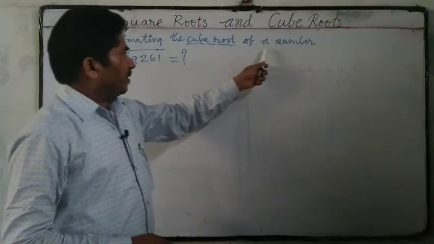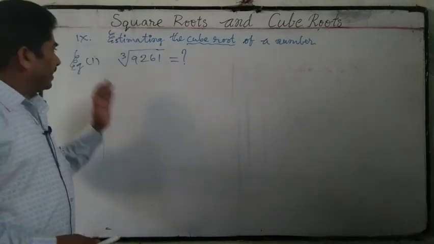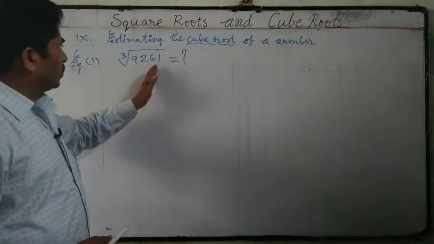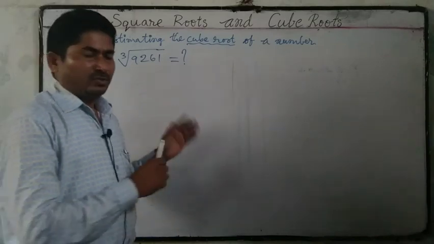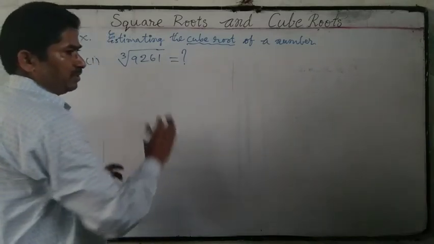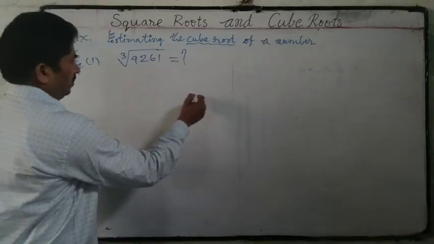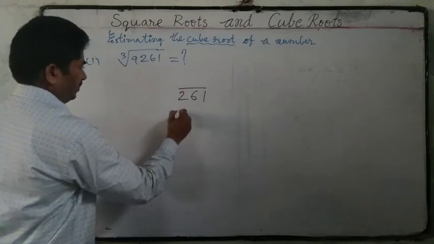Estimating the cube root of a number. To understand this, here we have one example: cube root of 9261. In this method, first we have to make groups from right to left, 3 digits in a group. 261 is the first group.